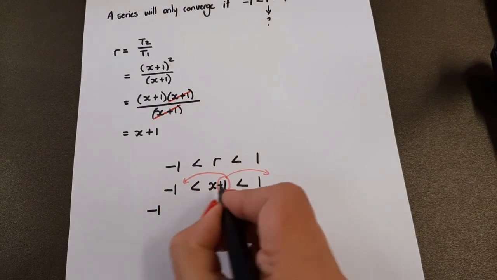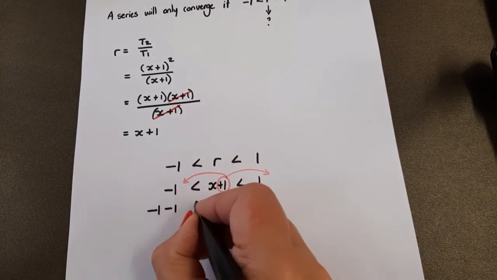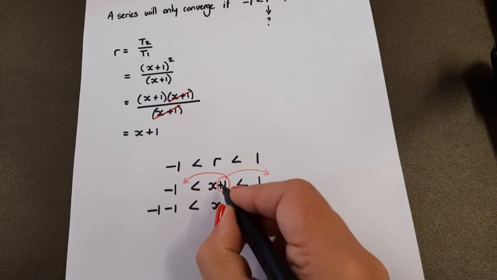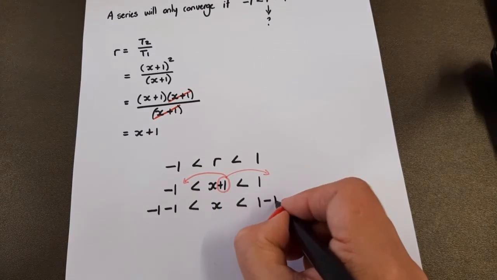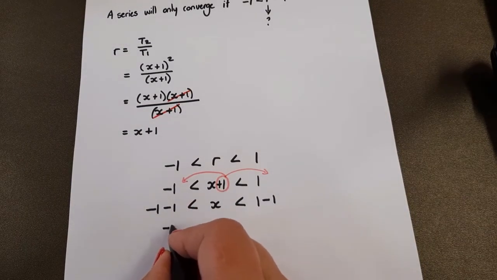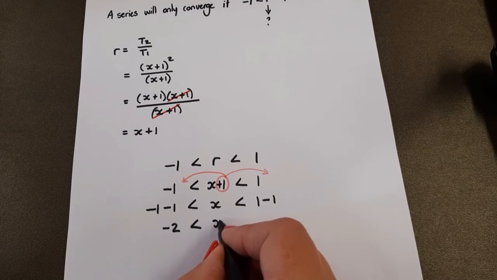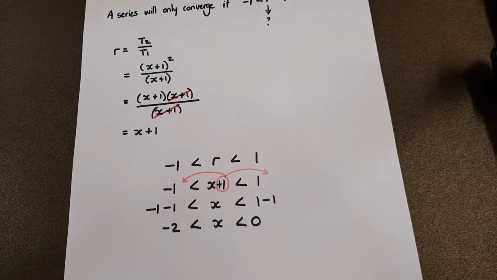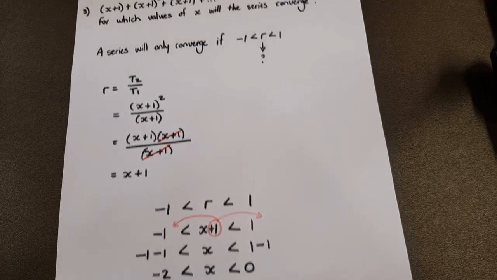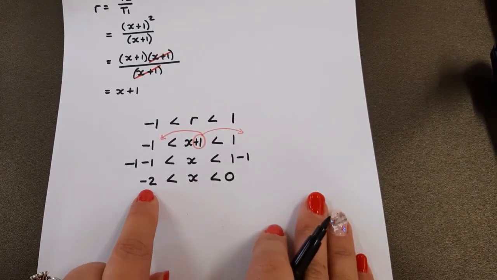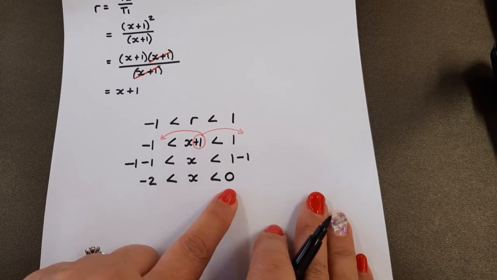Here we get -1 minus 1, smaller than x, smaller than 1 minus 1. -1 minus 1 will give you -2, and 1 minus 1 is 0. Therefore, for this series to converge, x must lie between -2 and 0.